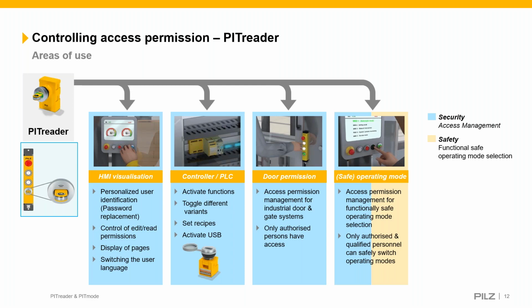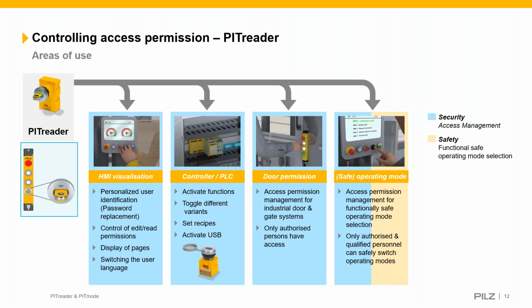With this system, you'd only have a key per operator that is trained, authorized, and competent to use the system. And their key really can then be used to go round to any part of the access permission, PIP gate readers in this case, to be able to gain permission to open the door. And if they have got permission, then they can use their key. If they haven't, then it would block them.